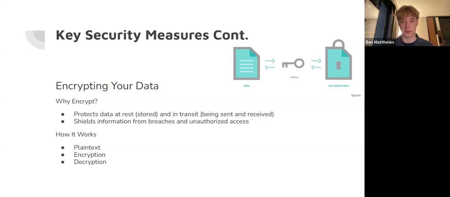Then it is encrypted using an algorithm and a secret key to scramble the data, and decryption, which only authorized users can do, uses a key to convert it back. Even if attackers intercept the encrypted data, they can't read it without the decryption key.